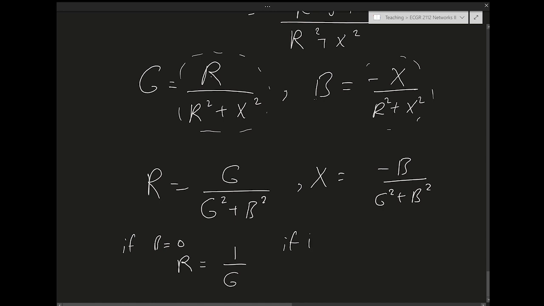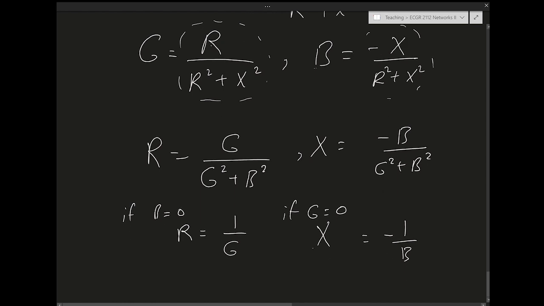And also, oh sorry, if G equals 0, if the conductance is 0, I end up with minus B over B squared, minus 1 over B. I end up with the negative inverse of the susceptance being equal to the reactance.